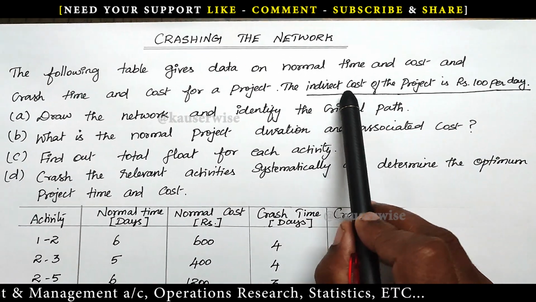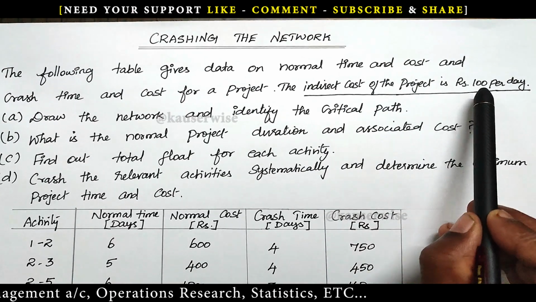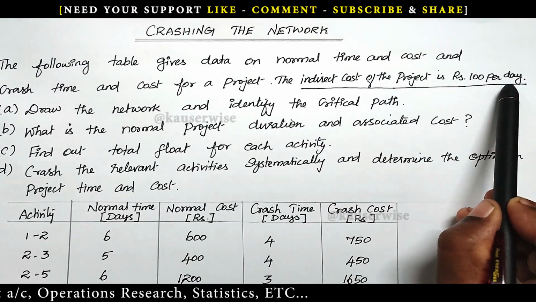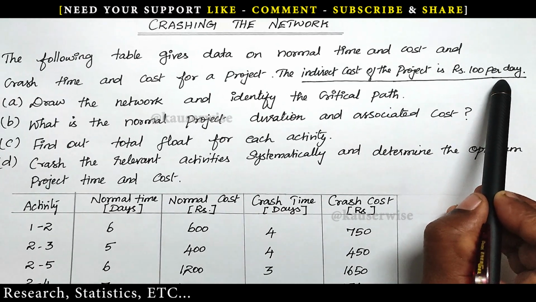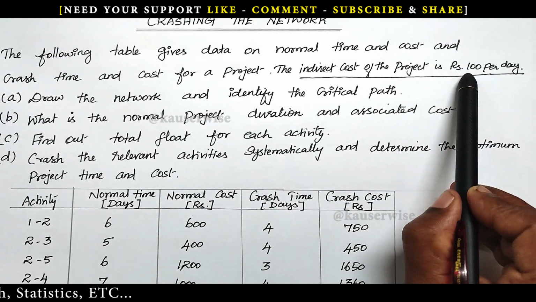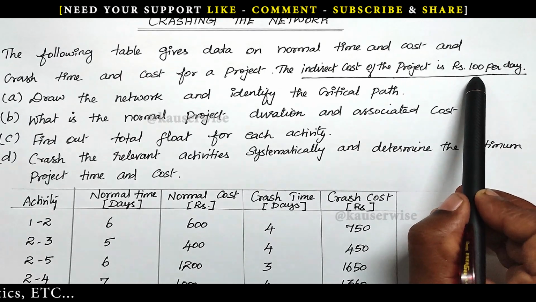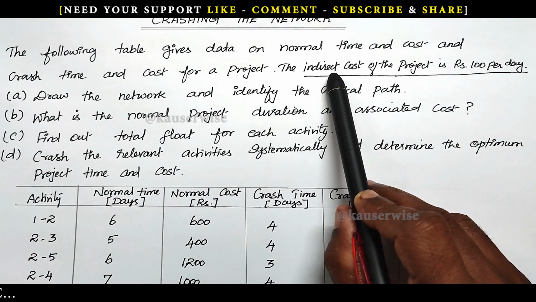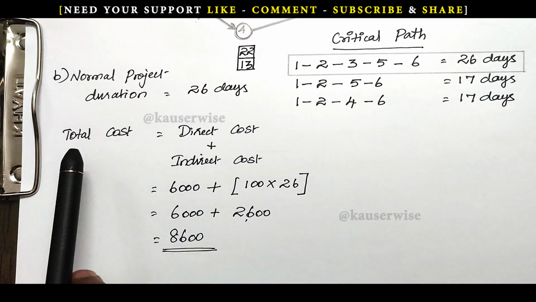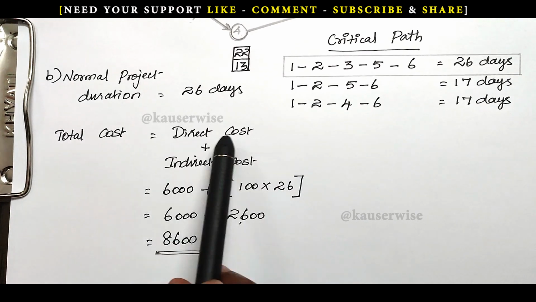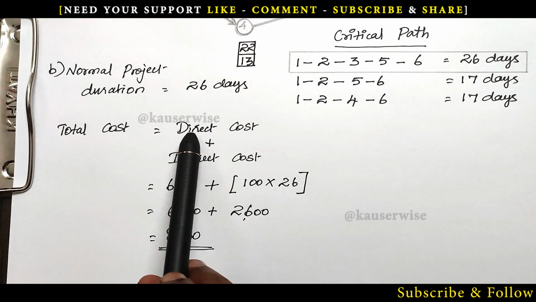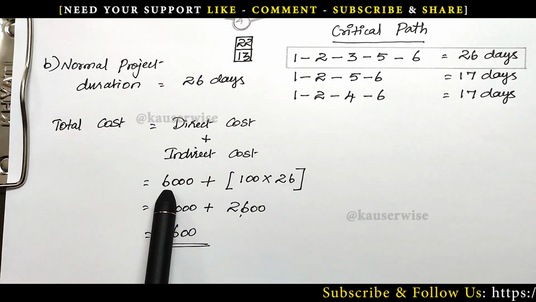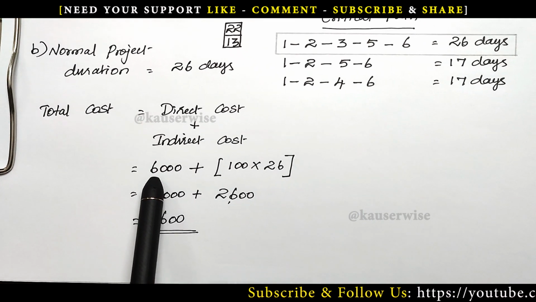The indirect cost of the project is 100 rupees per day. How many days are required to complete the project? Normally 26 days, so 100 into 26, 2600 is the indirect cost. Total cost is equal to direct cost plus indirect cost. Direct cost is nothing but normal cost. As per the information given in the problem, it is 6,000.